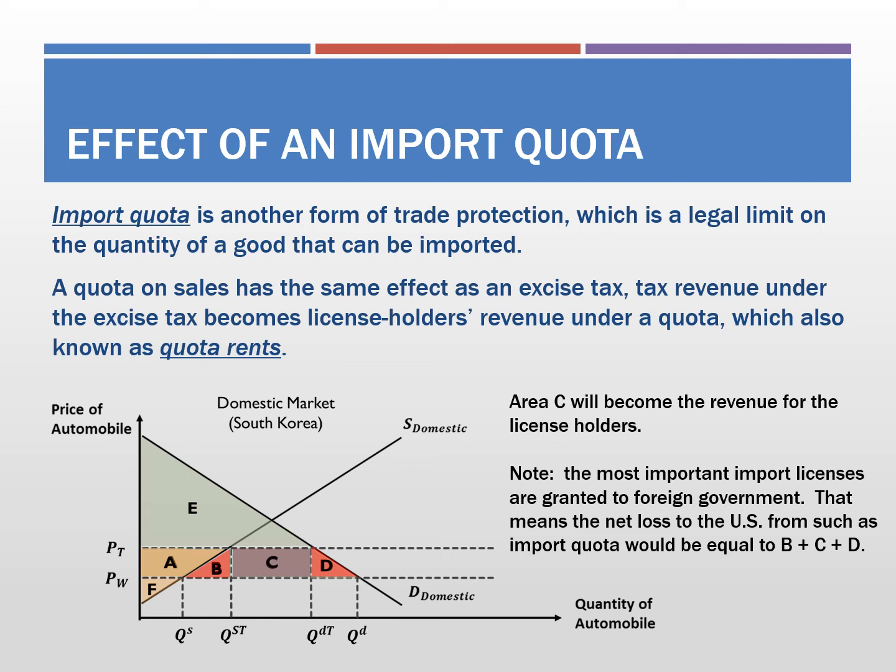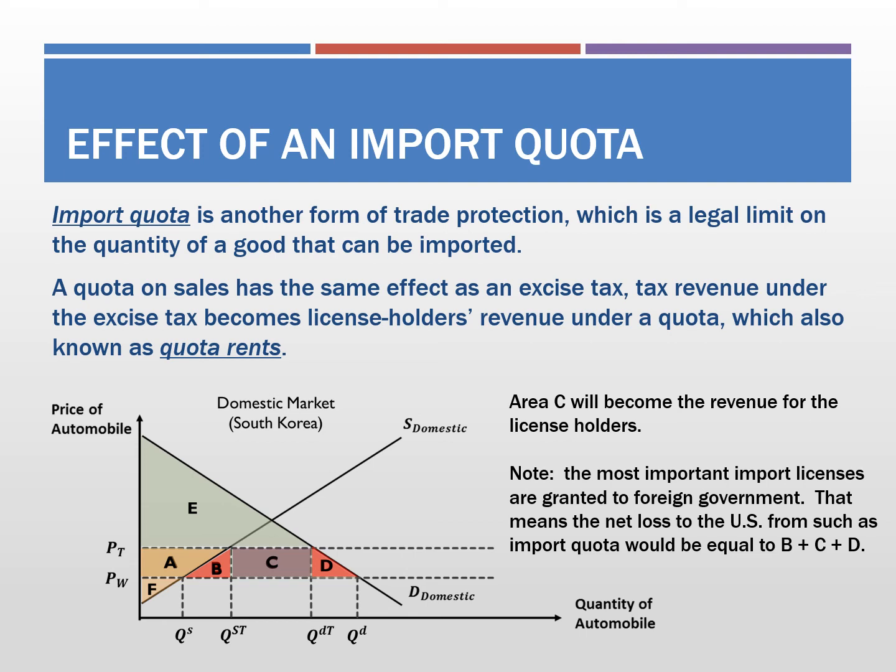There are some very famous quota policies in the past and also in the current period. One of the most famous ones is maybe the quota on cotton products from China. In the US, we actually set a quantity limit for the total quantity of cotton products coming in from China to the United States.